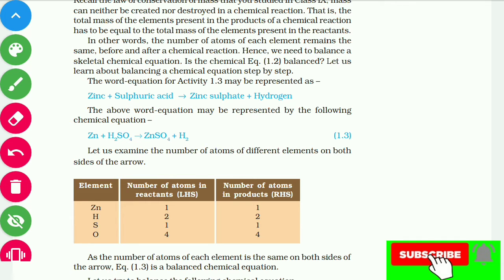You can see the number of atoms on the LHS and RHS: Zn is 1, H2 is 2 on both sides, sulfur is 1, and oxygen is 4 on both sides. This means there is no need to balance this equation. It is already balanced.